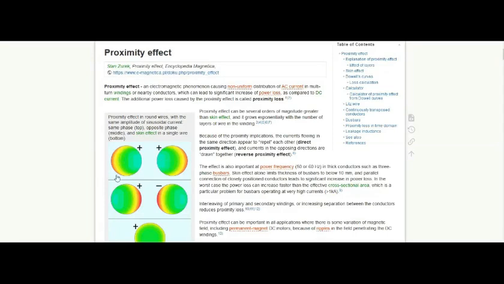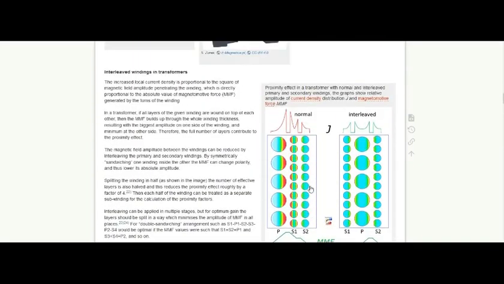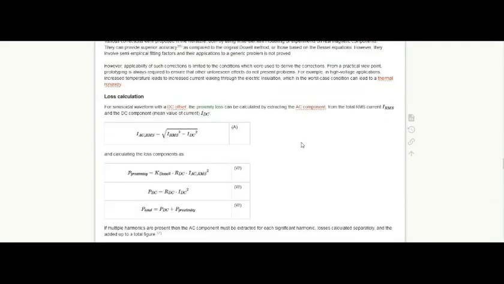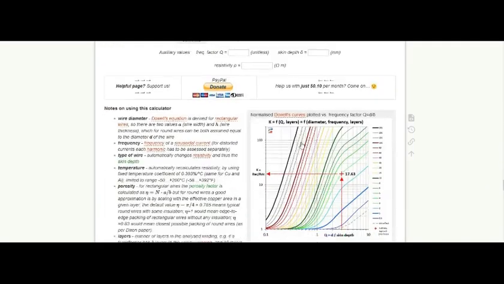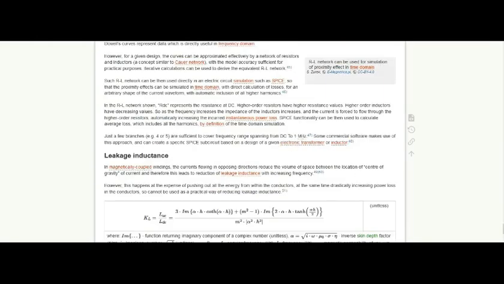So this right here pretty much describes what's going on with proximity effect. And you can imagine, I don't know if we can find one, what they show is that as you add more layers, the proximity effect becomes more of a problem.